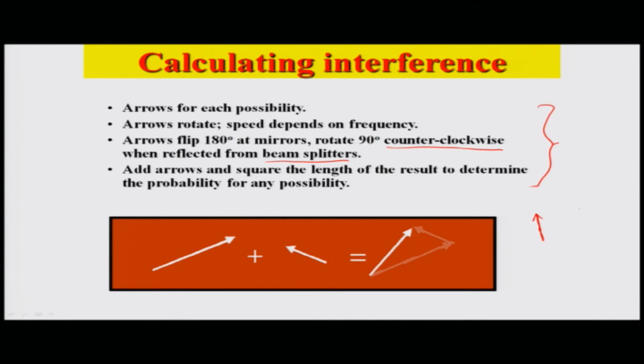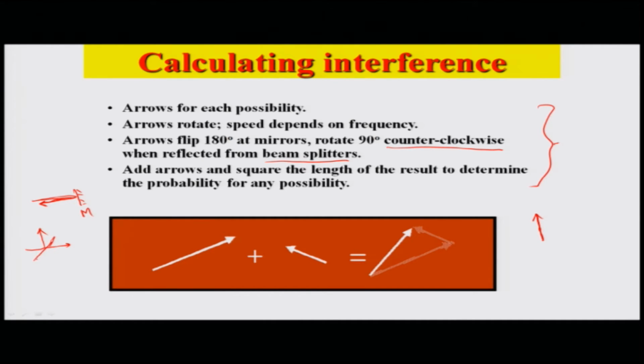So, a 180 degree change means you are coming and going back completely on itself. That is the way a mirror works in this process, which is why the arrows will flip 180 degrees when they hit a mirror. On the other hand, when it hits a beam splitter, half of it goes in and half of it goes the other way.